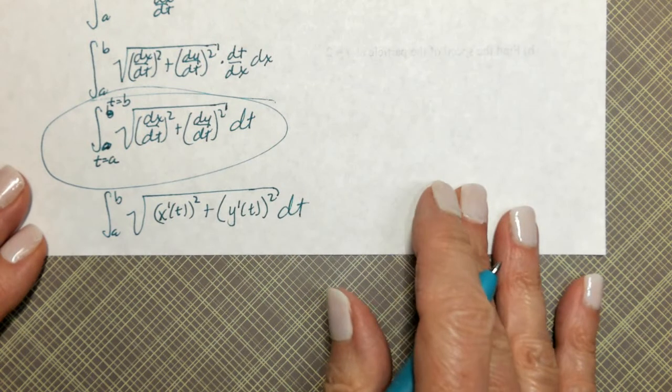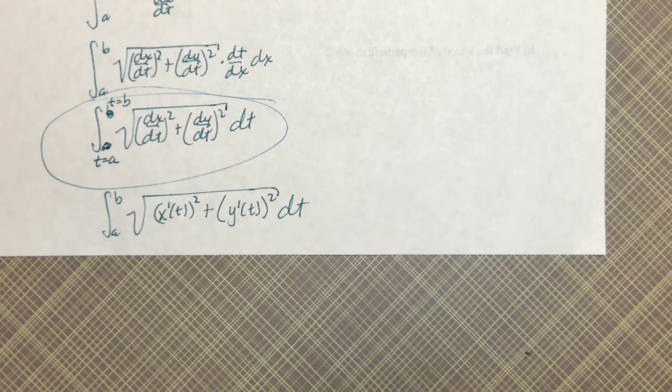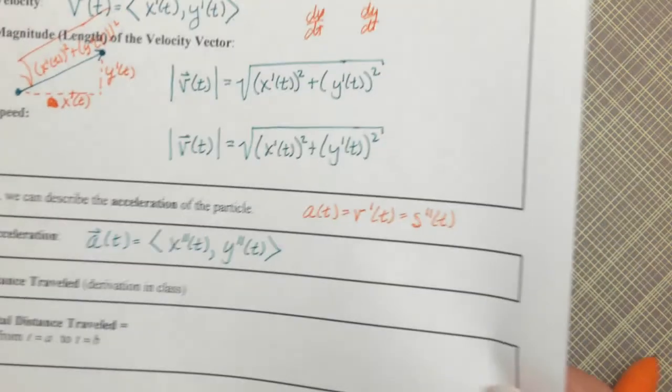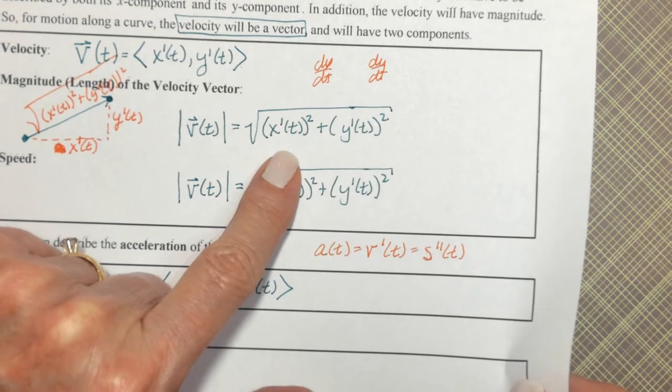Does that look familiar to you? Does the square root look familiar to you? It should, because we just found that. That was what we found for speed, or the magnitude or length of the velocity vector.